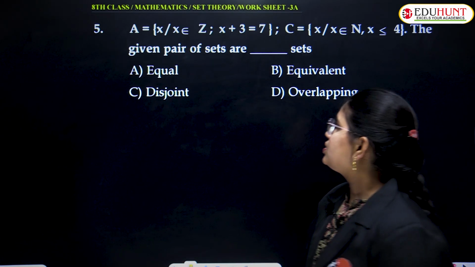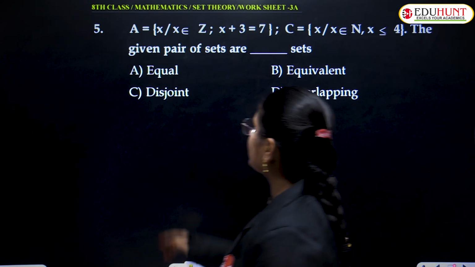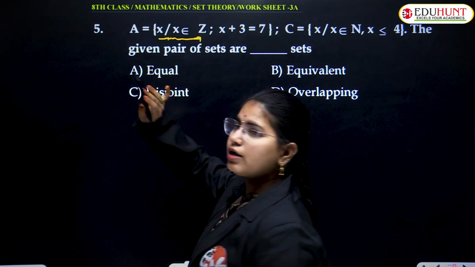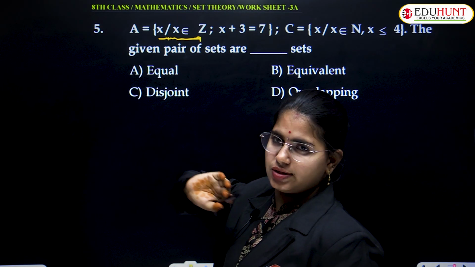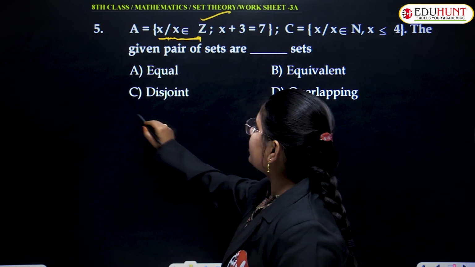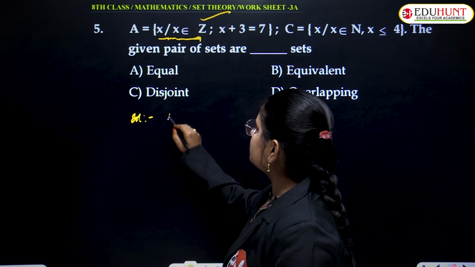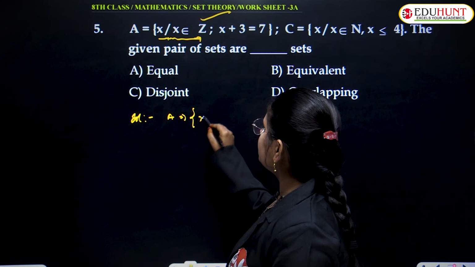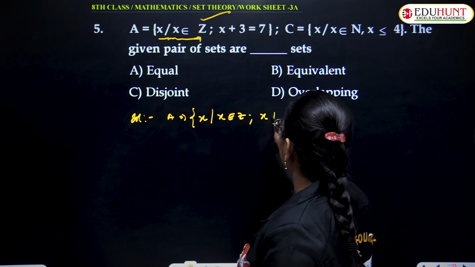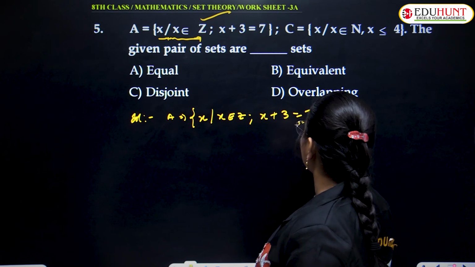Fifth one. Given question: A is equal to X. Which kind of X are you taking over here? It is a set of integers, correct? Z represents the set of integers. You are taking such X. Just write down A is X such that X belongs to Z, and they also gave you the condition X plus 3 is equal to 7.